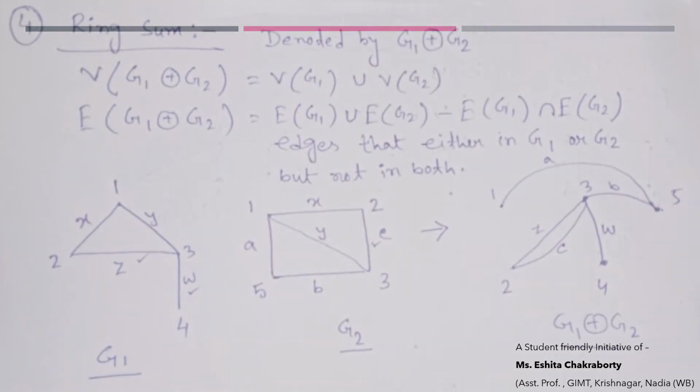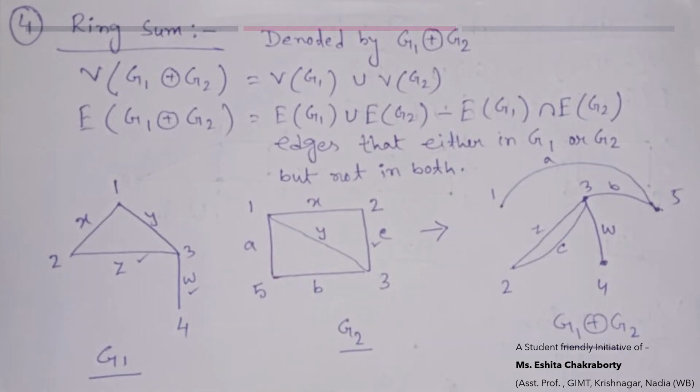So you can see in this edge set we have to take the edges that are either in G1 or in G2, but not in both. So in this case we reject the common edges of both graphs, and we take the other edges which are either in G1 or in G2.